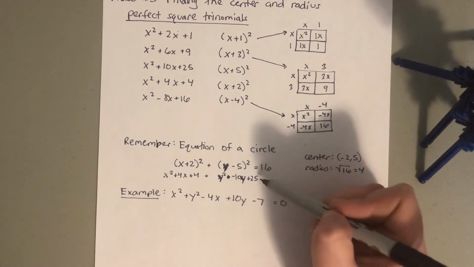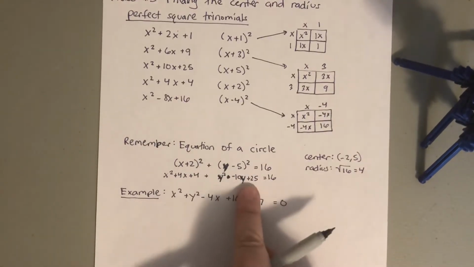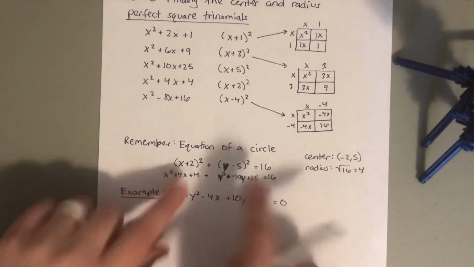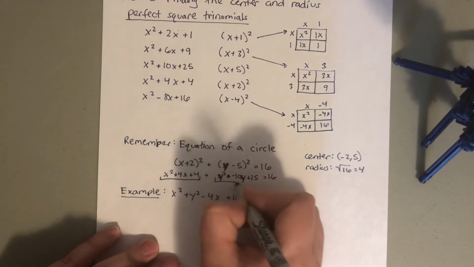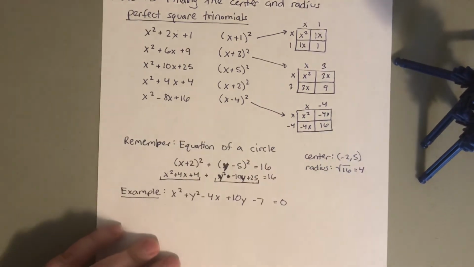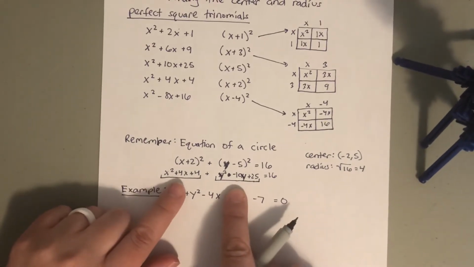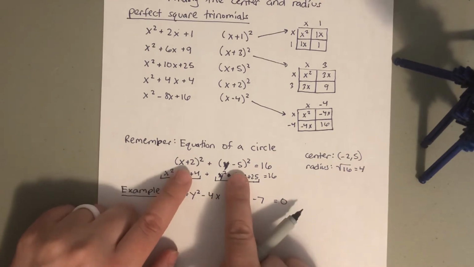Negative 5 squared gives you the positive 25. So this is just another way to write that if you multiply out each of these perfect squares. So this right here is a different way that you might see an equation of a circle, although it's more helpful to see it written like that.